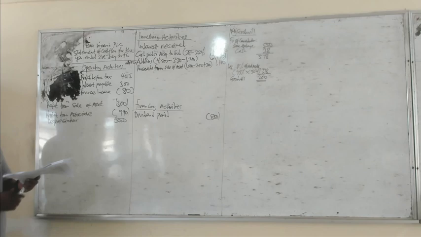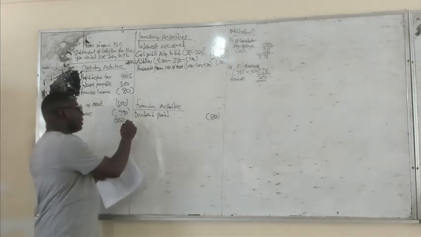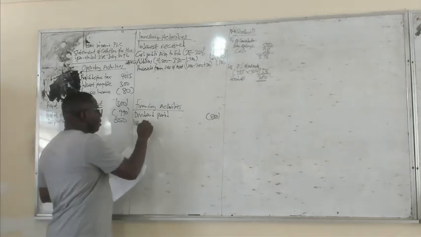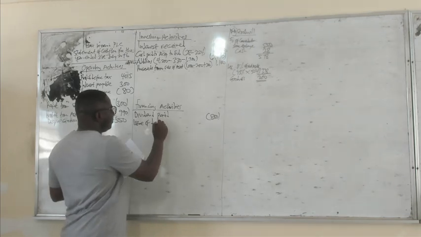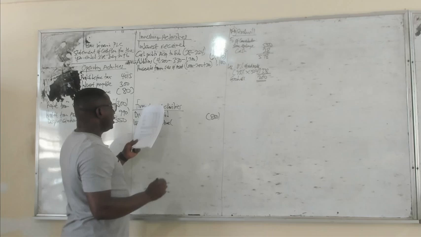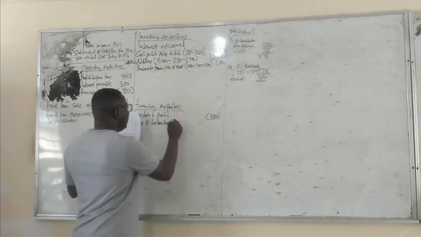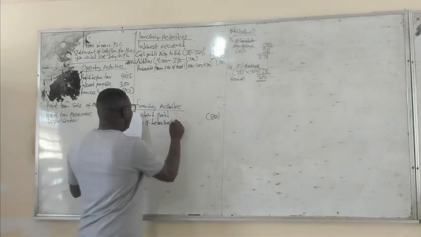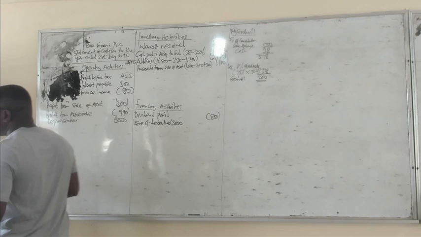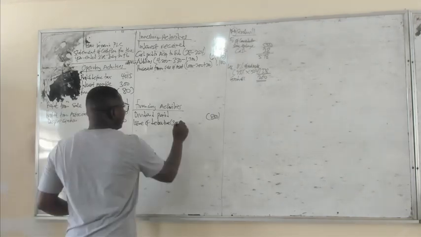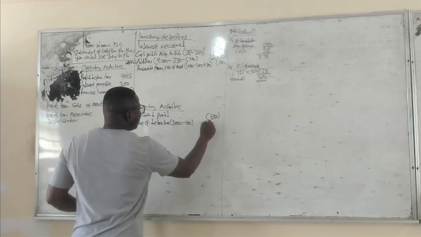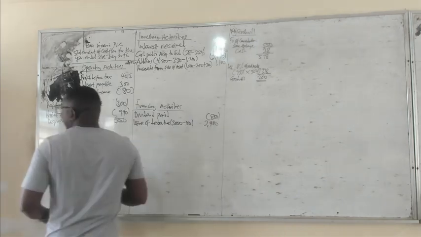So we come here: issue of debenture. It was issued for 3,000 at a discount of 100, so the cash received will be 2,900.